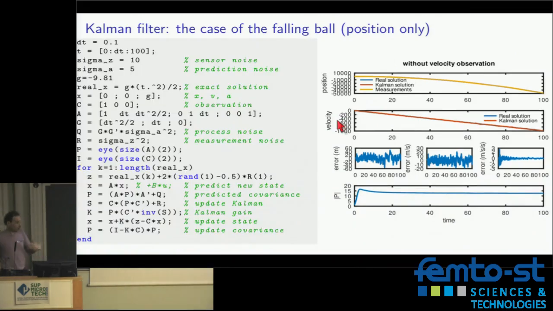I told you I put the code because if you want to repeat it yourself, you see that this whole calculation fits in this number of lines. So you take the standard deviation on your acceleration, on your position, you know what the acceleration is, you put all the vectors that we just said earlier: your initial state, you're at position 0, velocity 0, acceleration g.